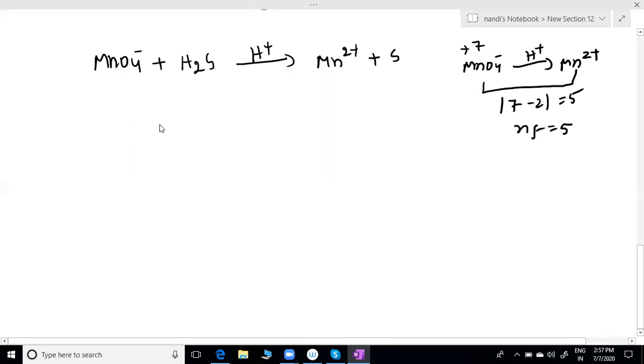Now we are balancing, sir. Very simple. That's a fixed one. You don't even need to write steps. If you want, you can note down the steps. Otherwise, check that one. So step 1, equation completed, sir. Step 2, it doesn't matter whether you maintain steps or not: finding oxidation numbers.